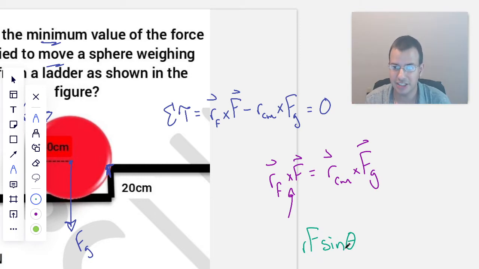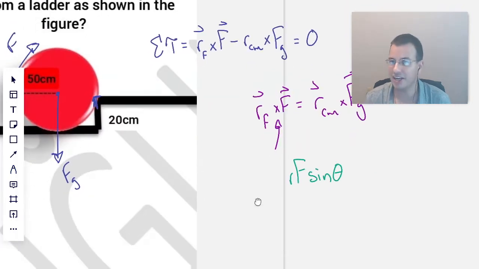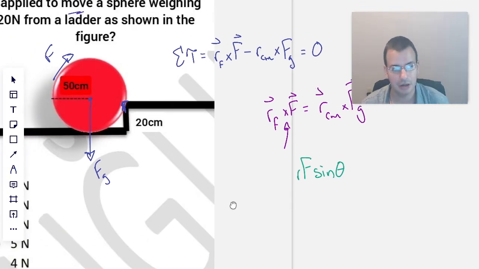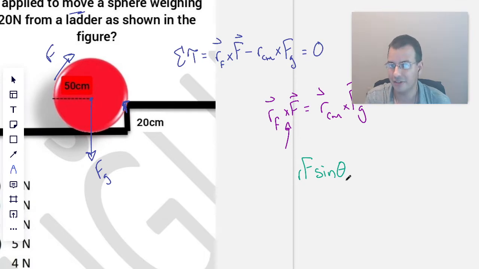And when theta is 0, then it's minimized. And the idea is if you have two vectors that are perpendicular, pi over 2 apart, then they're as perpendicular as they can be. If they're parallel, theta is 0. Therefore, they are not perpendicular at all. They are the opposite of perpendicular. They are parallel, which is why sine of 0 then would be 0.